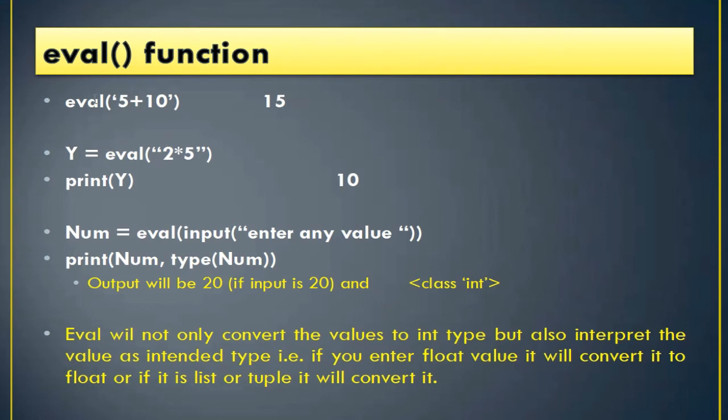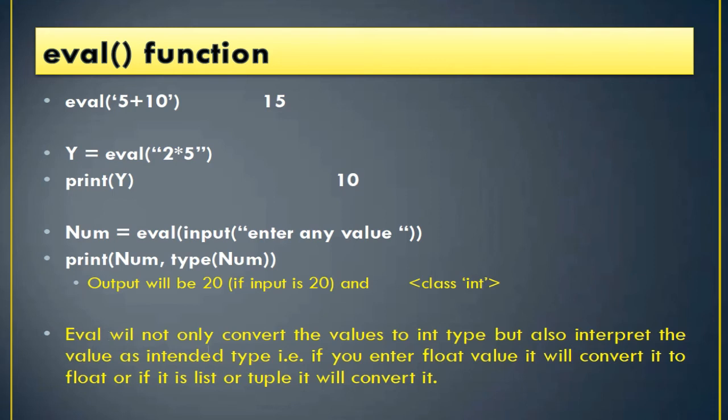Now the eval function: eval of 5 plus 10 will print 15. y equal to eval of 2 into 5 will print 10. num equal to eval of input, enter any value, then print num and type of num. If the input is 20, then the output will be 20. What will be the type of num? Class int, which means it is of integer type.